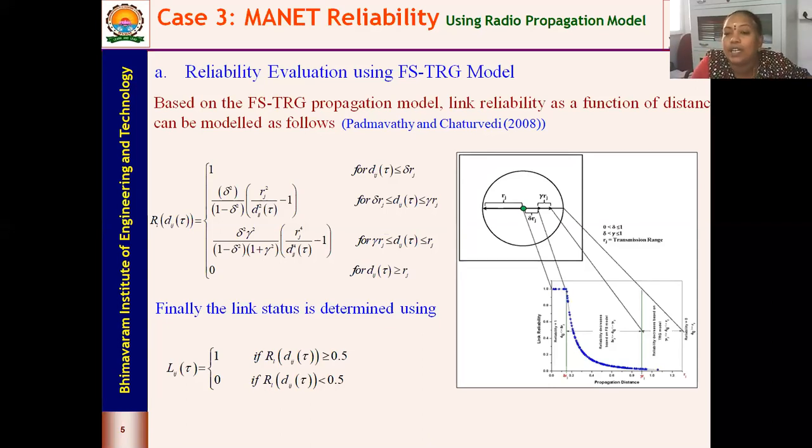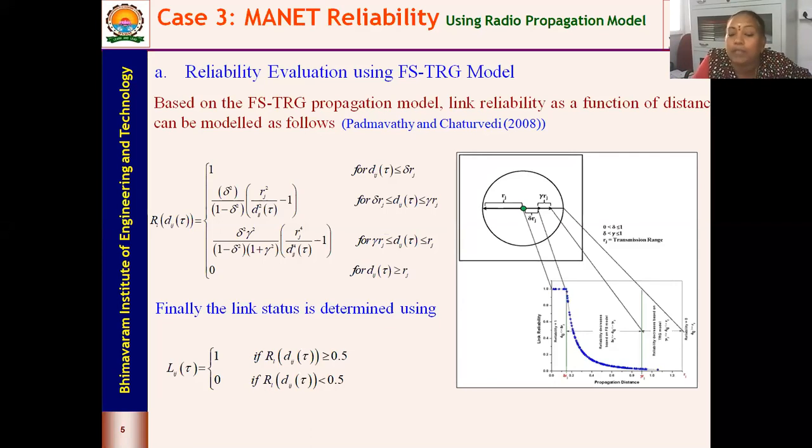If there was a connection, it is 1. If there is no connection, it is 0. But in this case, it is going to be in terms of probabilities. So that means the diagonal elements will all be equal to 0, whereas the other elements are going to have values between 0 and 1.